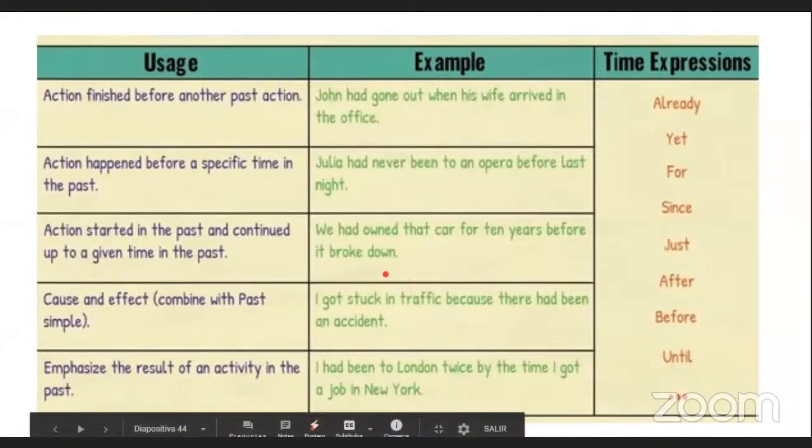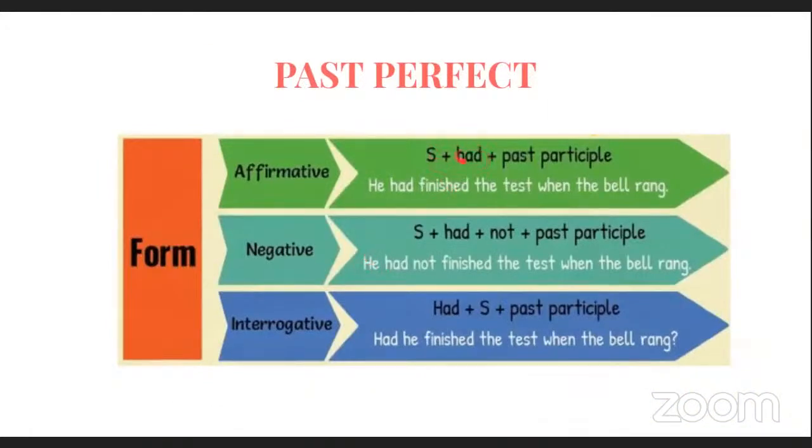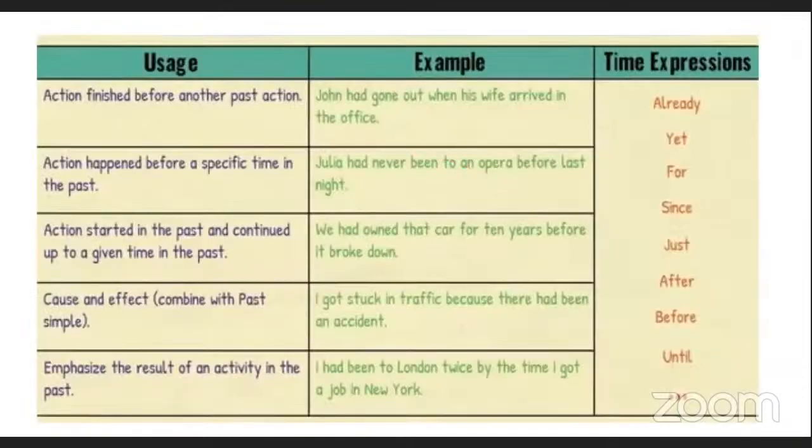All right, so these are the uses and this is the grammar tense: subject, had, and the past participle. Any doubt or question about this grammar tense? For the time expressions, for example with already, where is the position in a sentence?